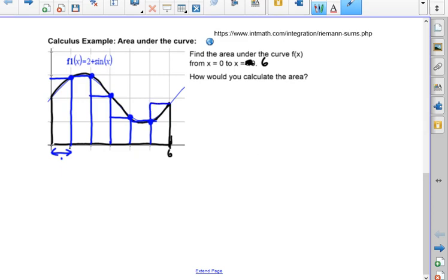Okay, so notice if I were to shade in all these boxes, some of these rectangles are higher than the curve. Most of them are lower. The first rectangle and the last rectangle have a piece that is above the curve, and then these two are almost equal, and these two have pieces that are less than the curve.